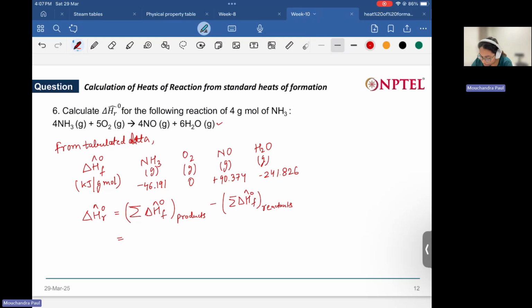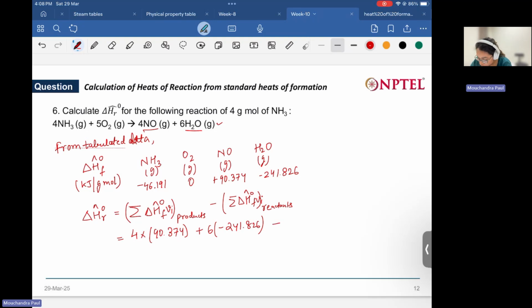On the product side, there are NO and H2O, and you also have to consider the stoichiometric coefficient. So it will be 4 into 90.374 plus 6 into minus 241.826. This is your products.